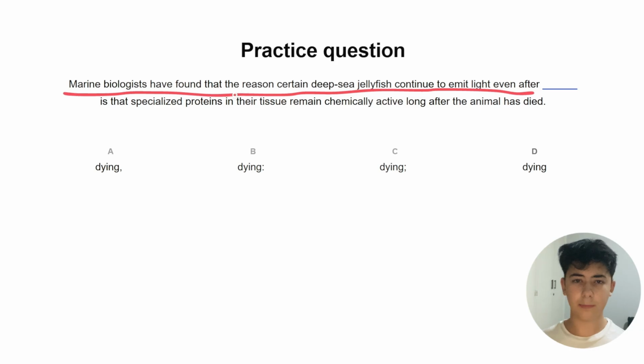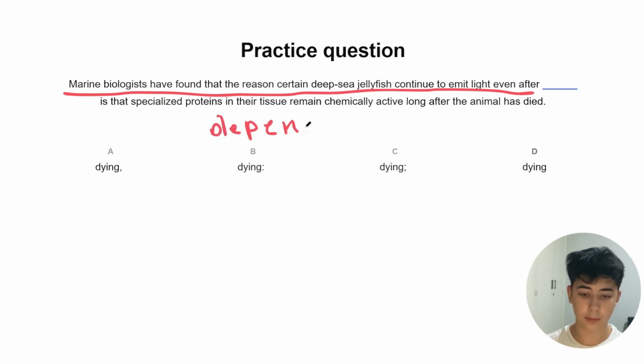It doesn't give you a complete meaning because in the end of the sentence you have even after. Even after what? Really don't know what this sentence is trying to say. So this sentence here is actually a dependent clause.